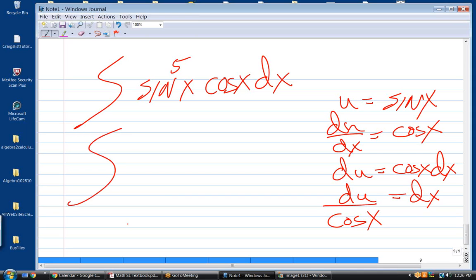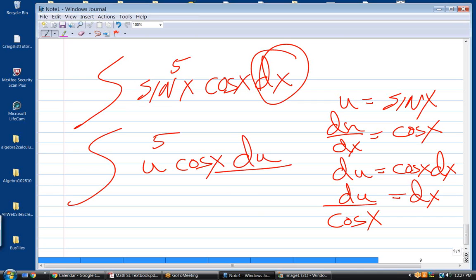So now when I rewrite this, it's u to the fifth times cosine x, but in place of dx, I have to write du over cosine x, which is perfect because it gets rid of the x variable. Remember, you cannot take an integral of u if you have an x variable in there.